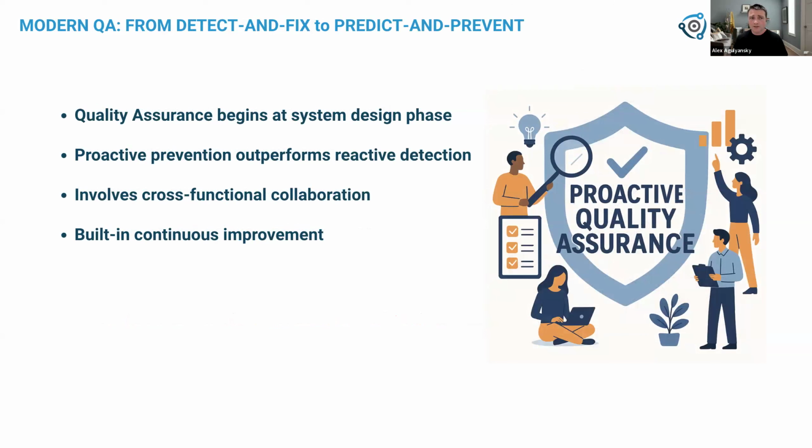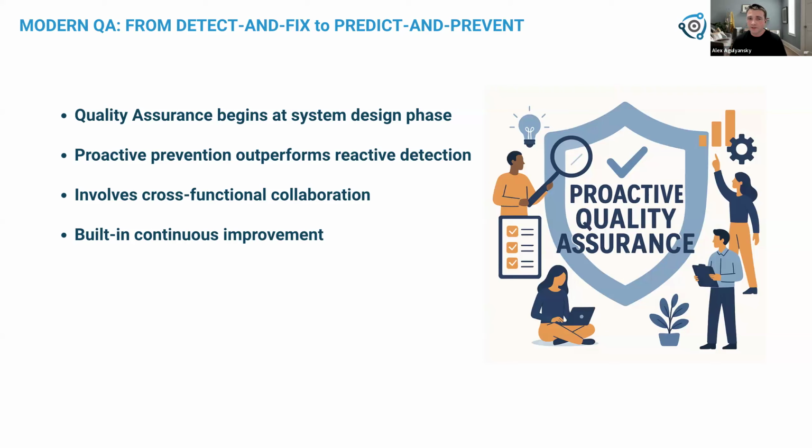Now, a more modern QA process, and a lot of companies are actually talking about that, is instead of detect and fix, a predict and prevent approach, right? So quality assurance begins at the system design. Rich, again, it's that same thing that you talked about in one of the posts, the design for quality, right?